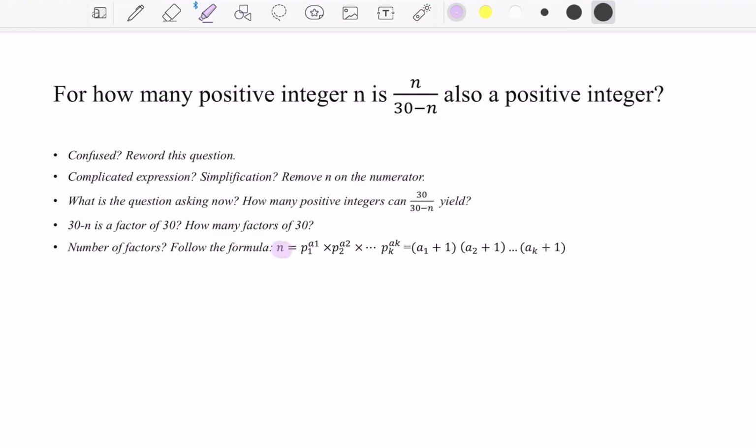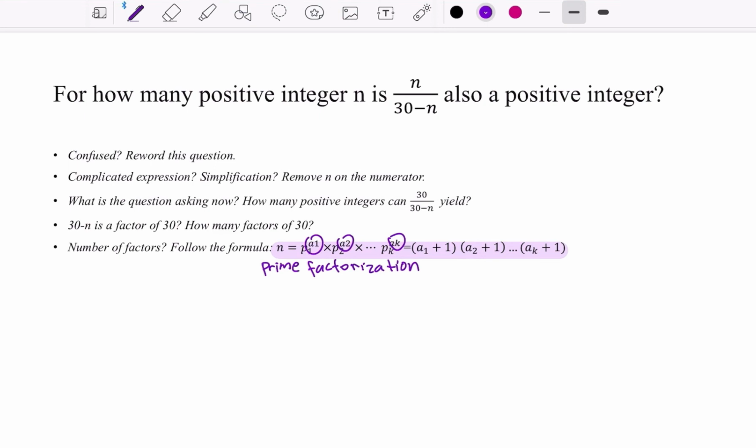So I can highlight this for you. N is equal to P1 to the power of A1 times P2 to the power of A2 all the way to Pk to the power of Ak. This is the prime factorization of that number. In this case, it's 30, and we take out the exponents and put them in brackets, then plus 1, multiply them together, and that will give us the number of divisors.